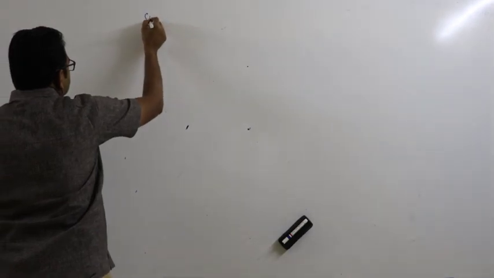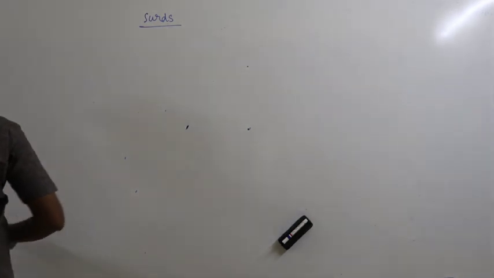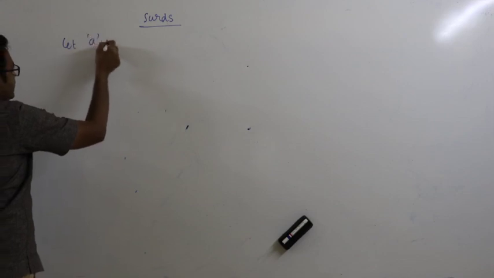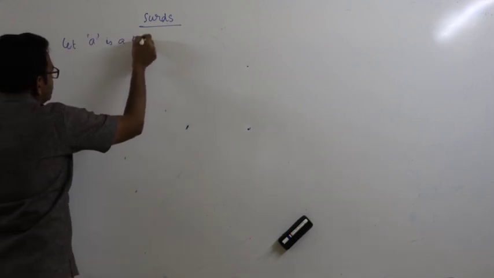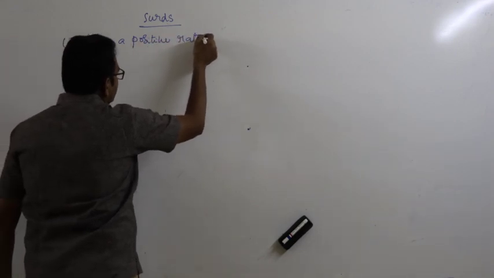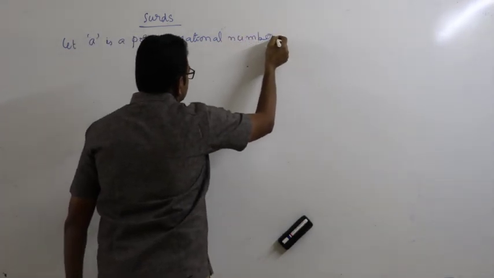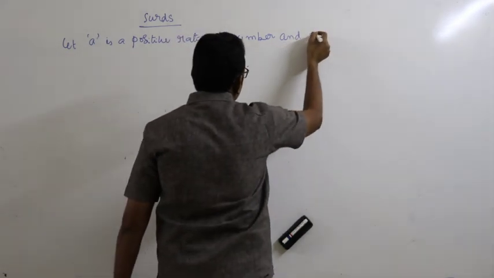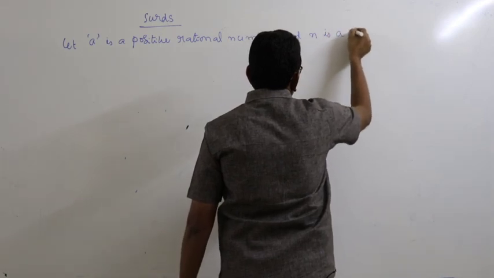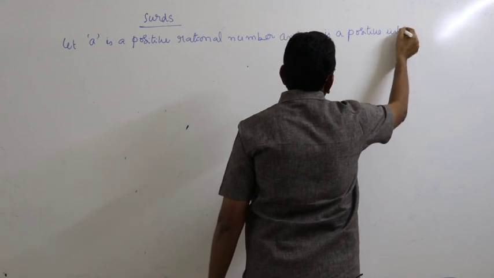Next one is surds. Let a be a positive rational number and n a positive integer.